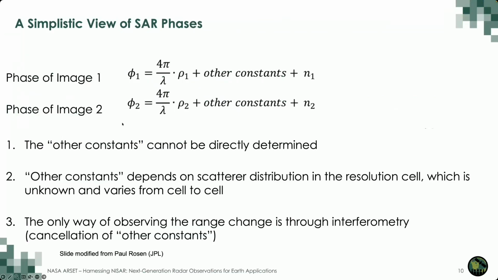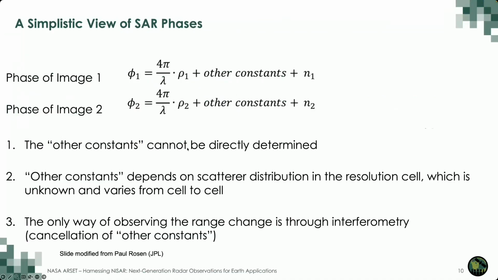And then for the second image, phi 2, again we have the same constant at the beginning, 4 pi over lambda, the radar wavelength, times the range of the second acquisition between the satellite and the ground, and other constants, which we are going to assume are the same. And then there's some noise, which we hope is small.